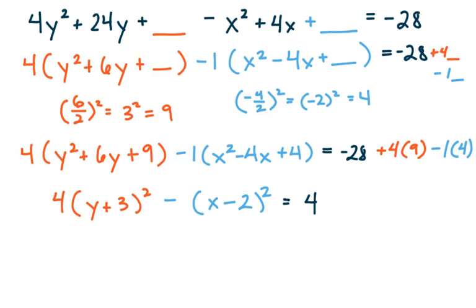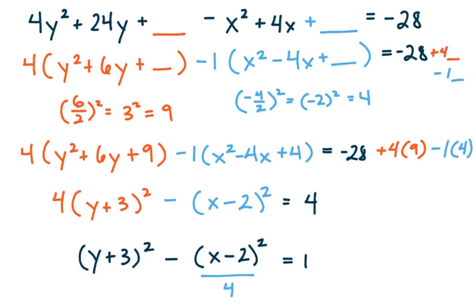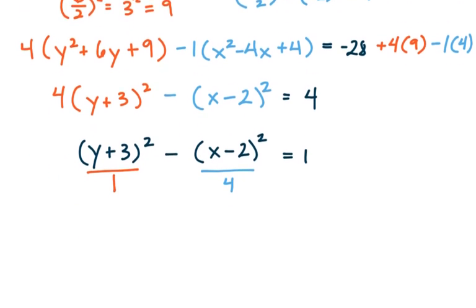Putting this into standard form, I'm going to have y plus 3 squared minus x minus 2 squared, that will be over 4 equals 1. So if I divide this by 4, I've got 1/4. 4 divided by 4 gives me a 1. So notice there's a little invisible 1 in that denominator.